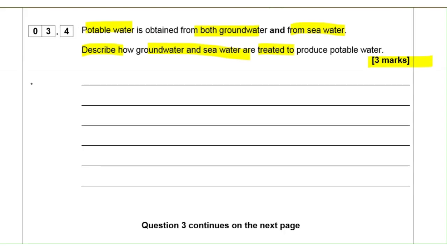Now we know groundwater does what it says on the tin, comes from the ground, so it'll contain bits and stuff, solids, so we need to filter those out. Once they've been filtered, that water needs to be sterilised so it's fit to drink. Now, to get seawater into potable water, we need to do something called desalination, and we can do this by distillation, or we can do it by something called reverse osmosis.